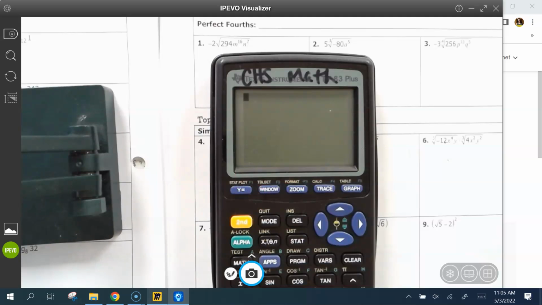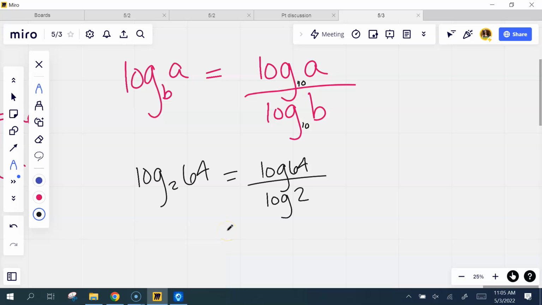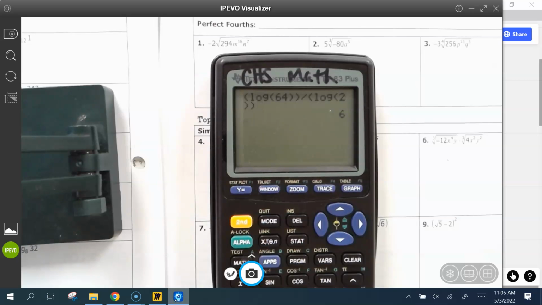Because I'm dividing and this is an operation on the calculator, I'm going to do a parentheses. I'm going to do log 64 divided by log of 2. Just for example, the one we just did, log base 2 of 64, we know that the answer to that is 6, right? So I just want to show you how in your calculator, that's how you do change of base. Can everybody do that? Make sure you can input that on your calculator and get the right answer. That way you know how to do the rest of your homework here.